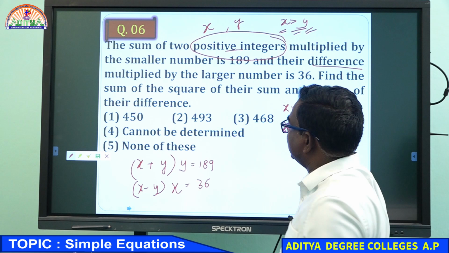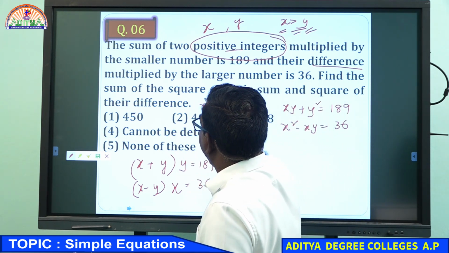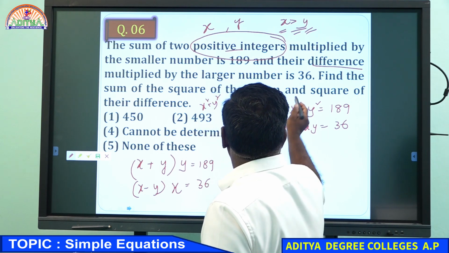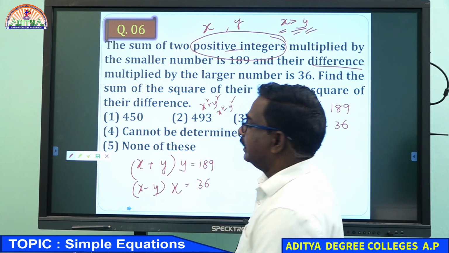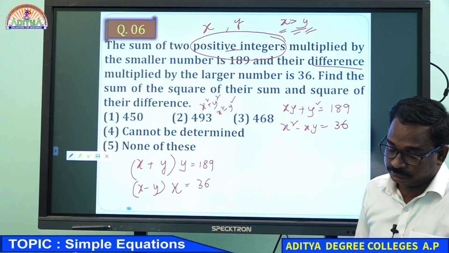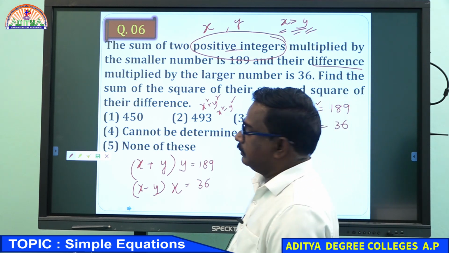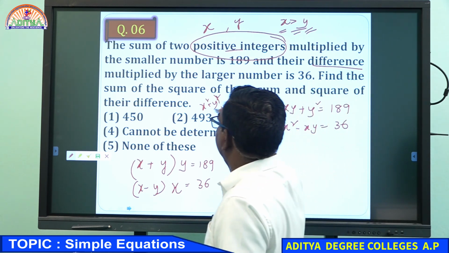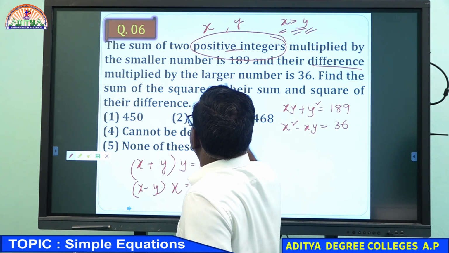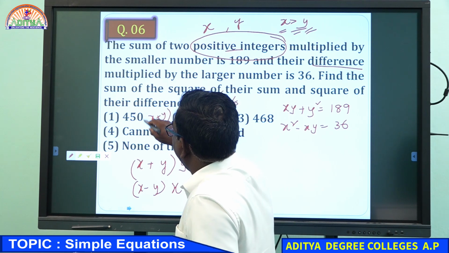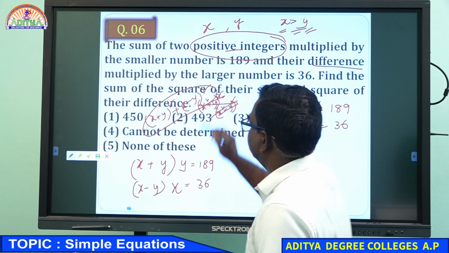Those are the two conditions given, and they are asking for the sum of the squares of their sum and their difference: x plus y whole square plus x minus y whole square.